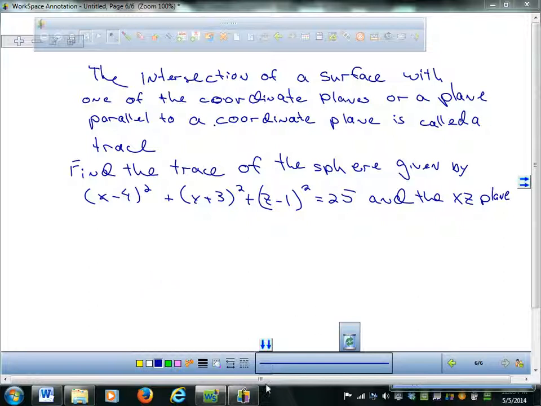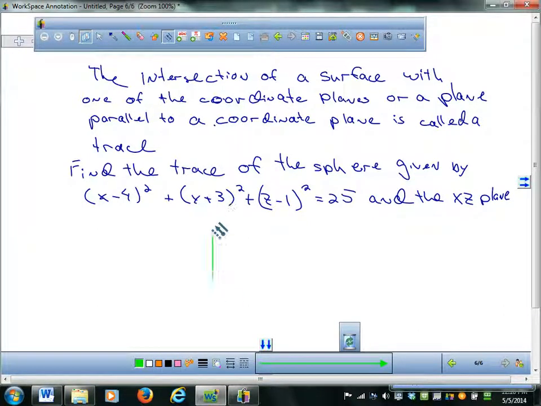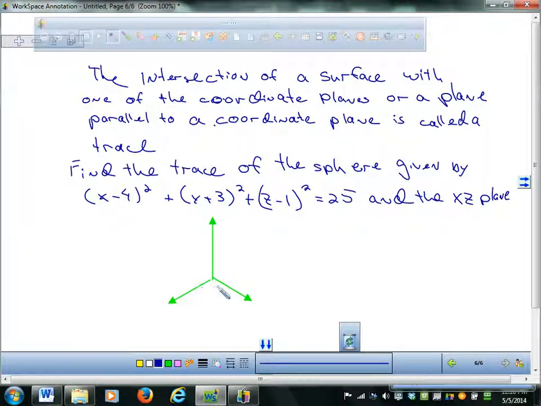So I'm going to try to draw this. All right? There's my line tool. So what you have here is something going like this, something going like this, something going like this. So the center of the sphere is at out 4, back 3, up 1.